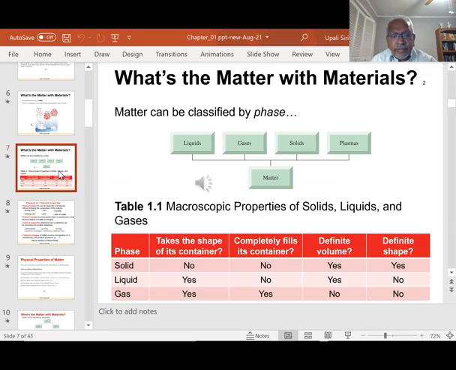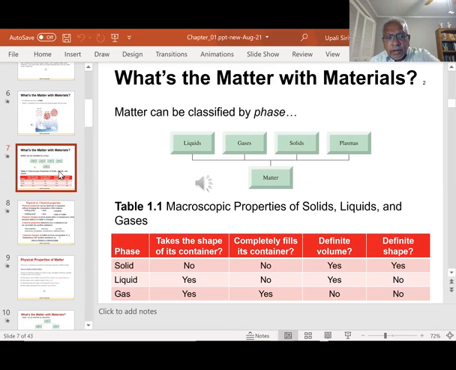So if you look at the 3 main phases or states of matter, liquid phase, gas phase, solid phase, state and phase are synonymous. So there you can look in the table.